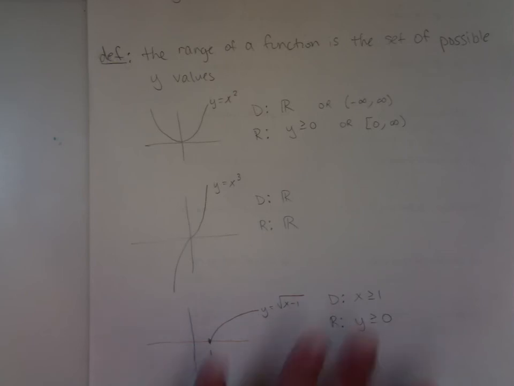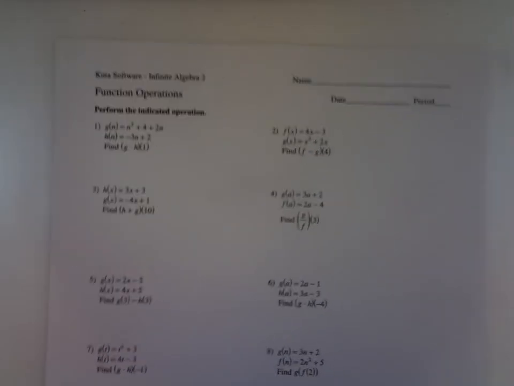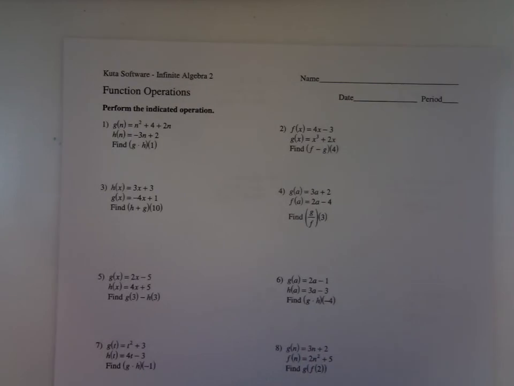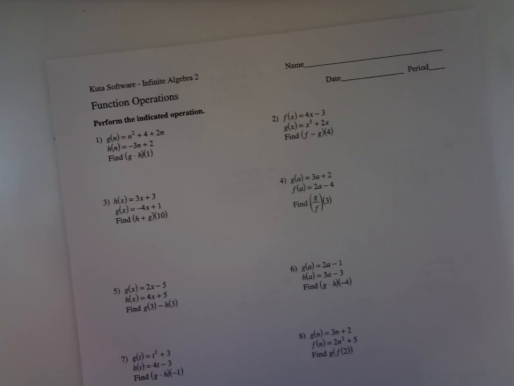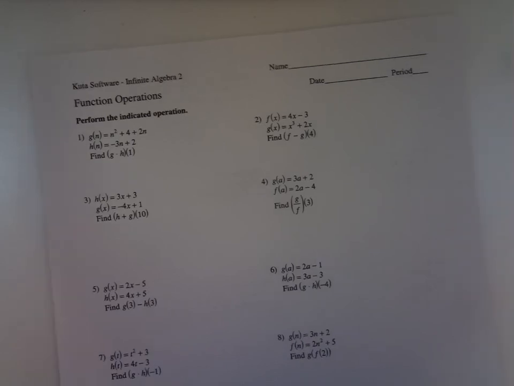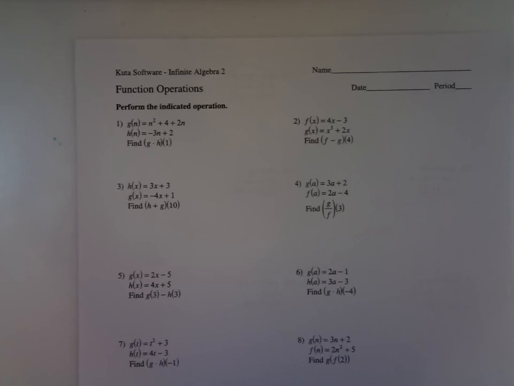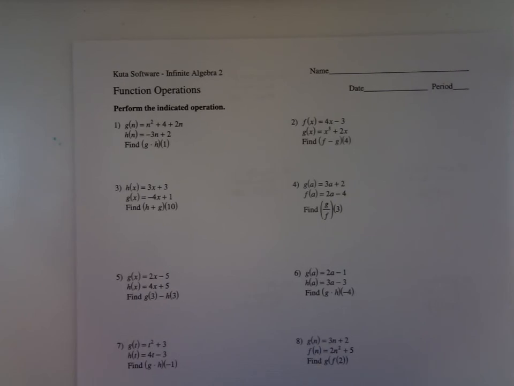Okay, finally, function operations. One of the nice things about function operations is that they're pretty straightforward. So you multiply g times h, and then you plug in 1.